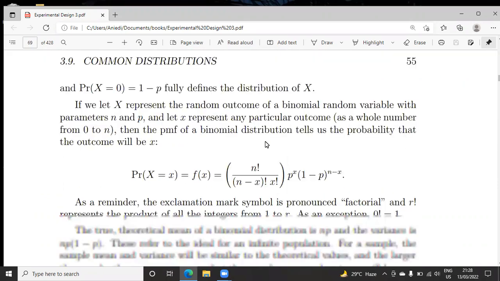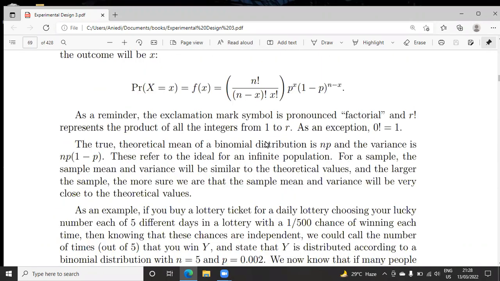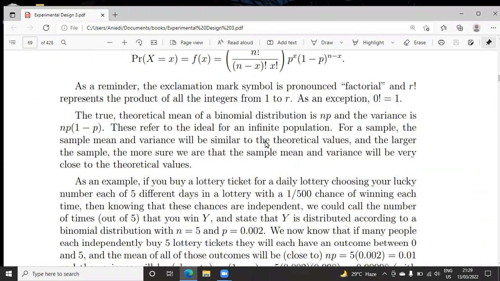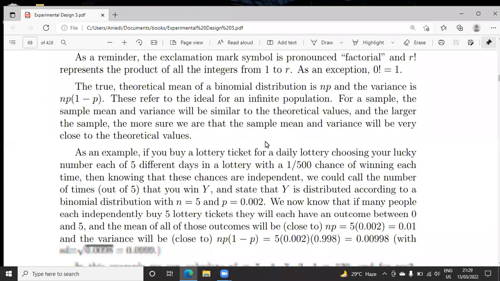So whenever we have such a situation, we know that the particular probability function we are likely going to use is the binomial distribution.